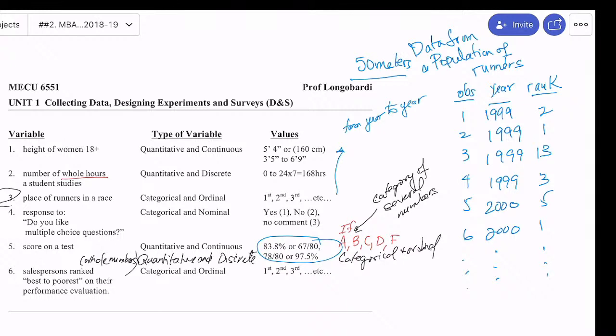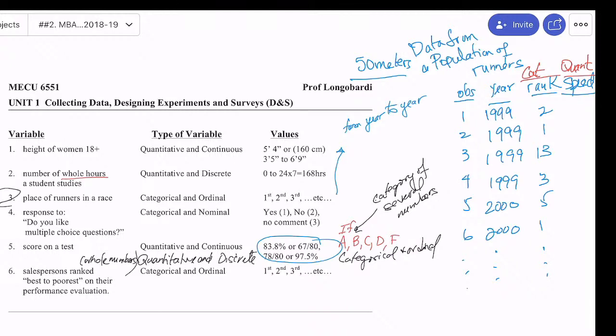So to make it quantitative, it would just be to look at, not their rank, but I looked at the speed, that would make it quantitative. So this variable is categorical. But this one is quantitative, if I actually look at the speed, because we can all measure the speed and we'll measure it the same way.